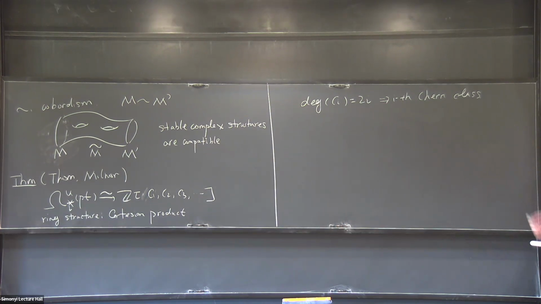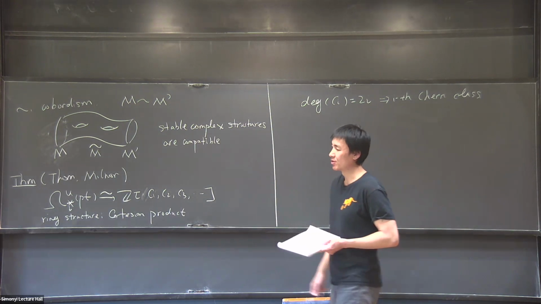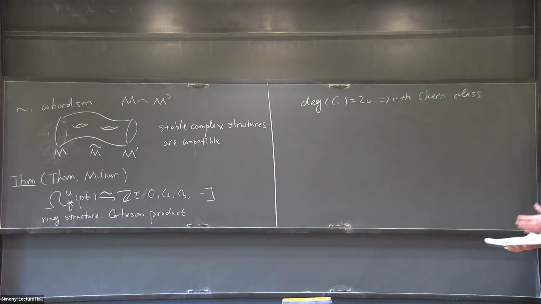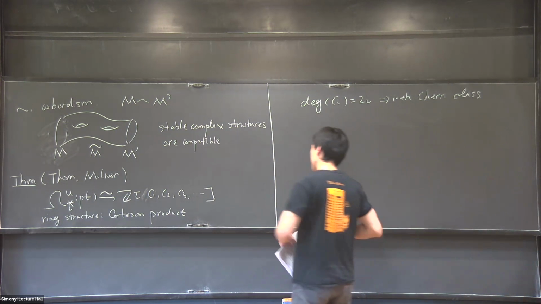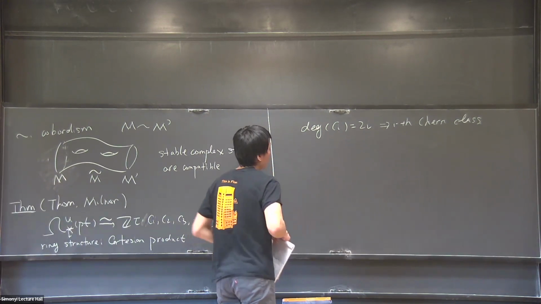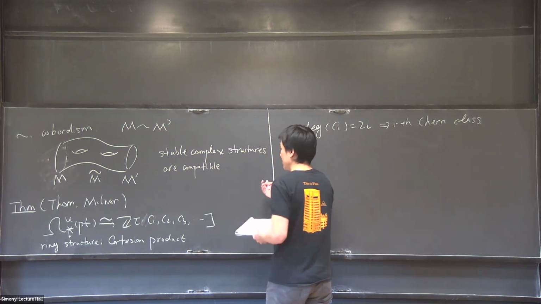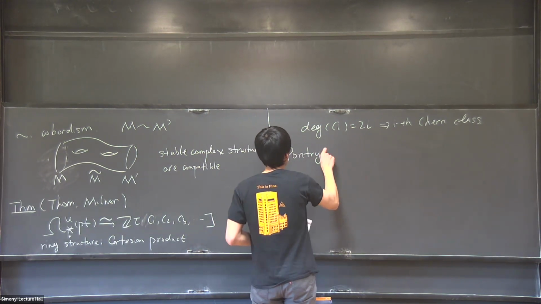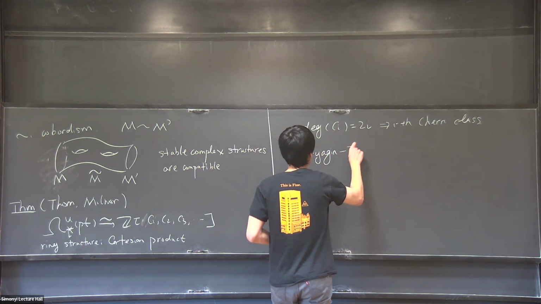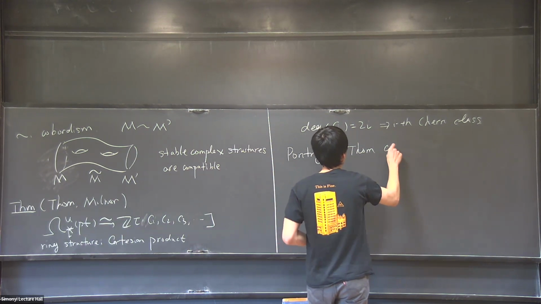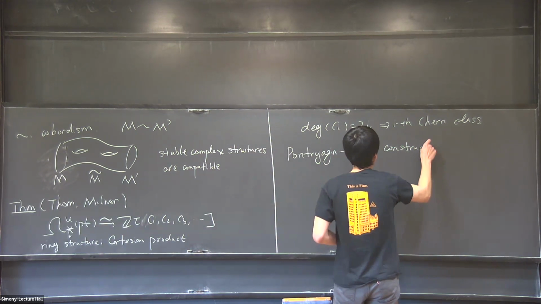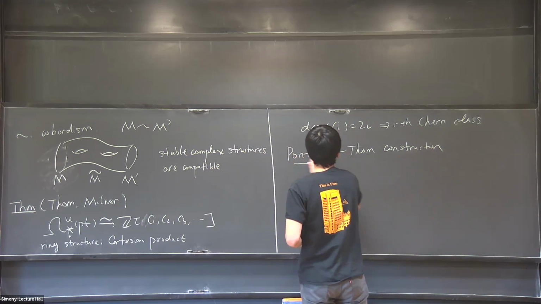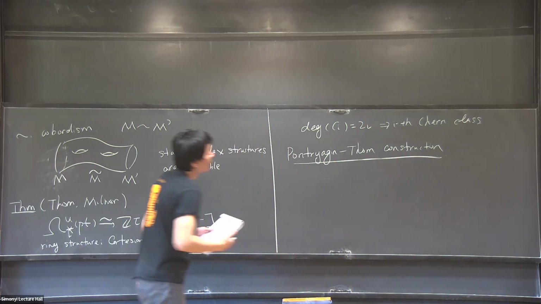So that's the calculation. And given this kind of geometric definition of complex cobordism, it's hard to imagine how one can really make such a computation possible. The crucial construction for proving this statement is the so-called Pontryagin-Thom construction.